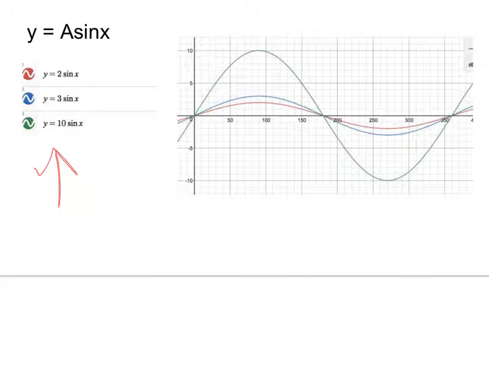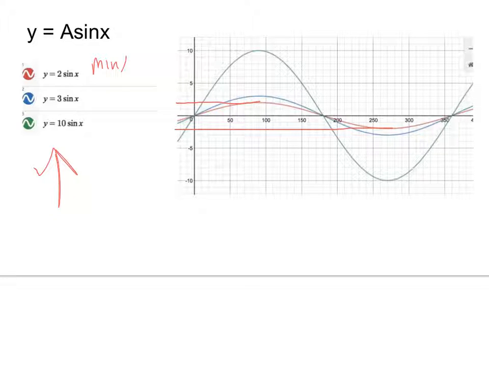So first of all, we're taking this equation here and we're just replacing A. First, you see y equals 2 sine x, that's in red, right there. And if I look, the maximum is right at 2, and the minimum is at -2.